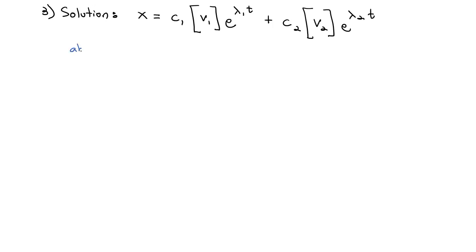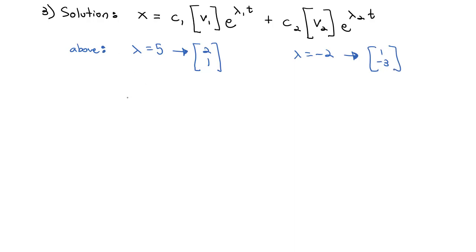So from above, just because it's off my screen, we found out that when lambda equals 5, the eigenvector was (2, 1). And we found out when lambda equals -2, the eigenvector was (1, -3).